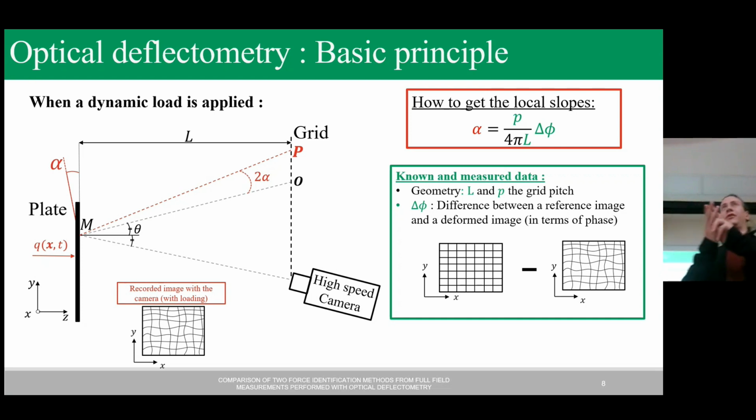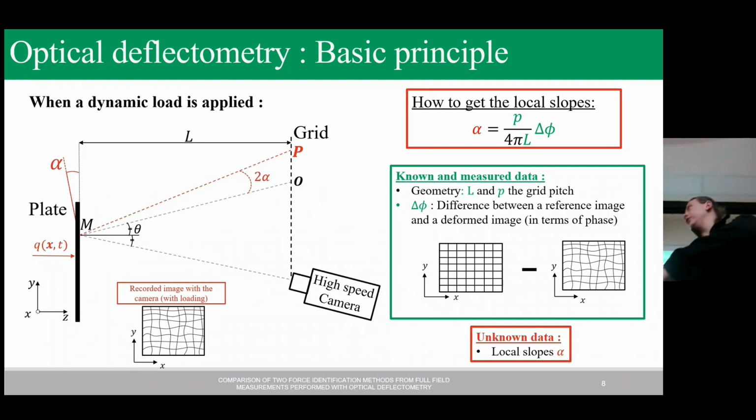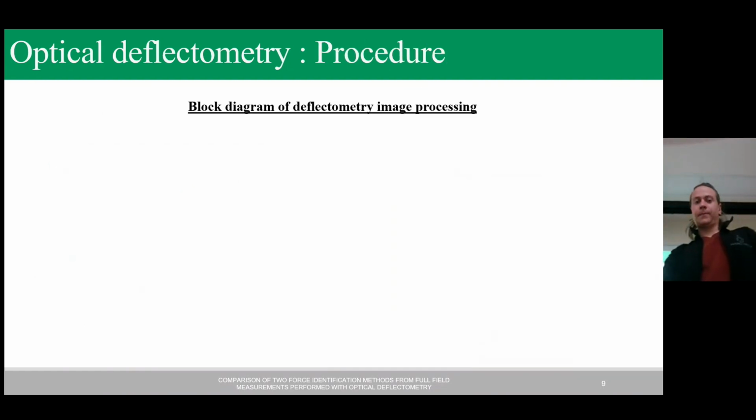But there is a third term, delta phi, which is basically the difference between a reference image taken with the camera when no load was applied and the deformed image taken with the camera when the load was applied. So basically, in delta phi, you have the information that corresponds to the difference between those two images. And of course, we know the local slopes.